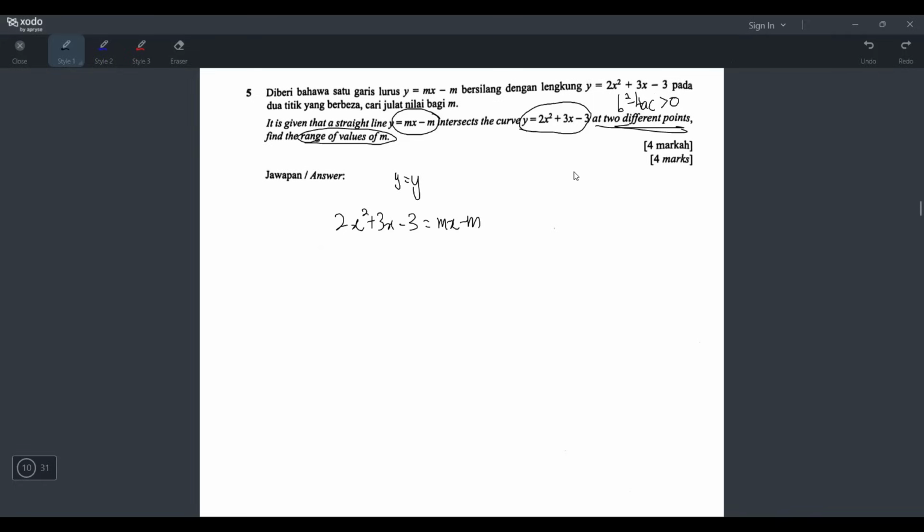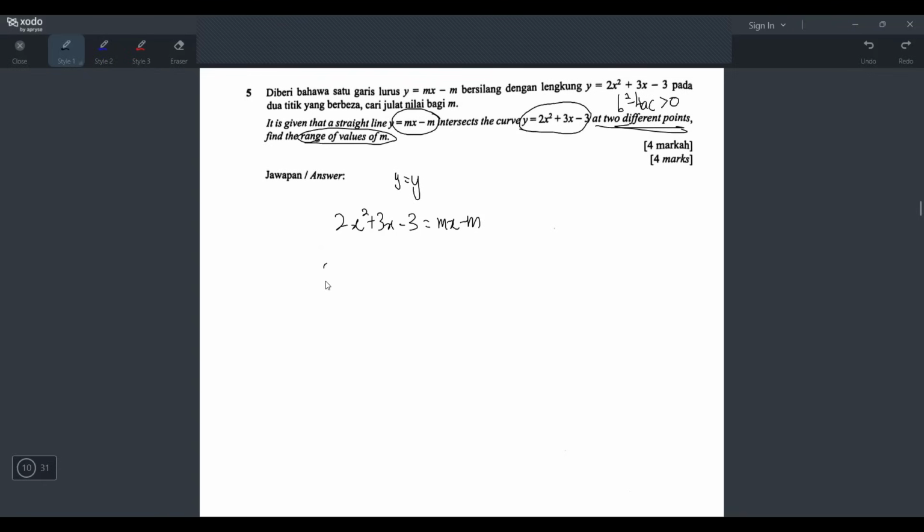If they say does not touch, you do b squared minus 4ac smaller than 0. If they say touches at 1 point, then you do b squared minus 4ac equals 0. But the first step is always to combine these two equations into one equation first. Okay, means we do simultaneous, right? And we can do elimination or substitution, both are fine. Alright, so after you reach here, arrange into general form.